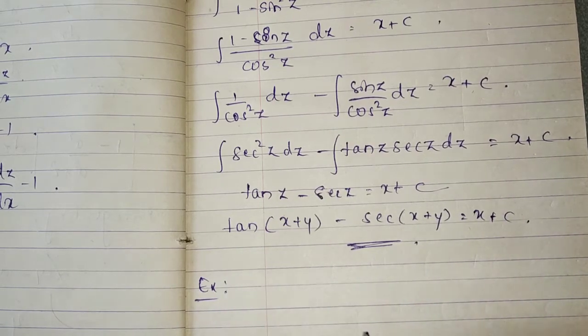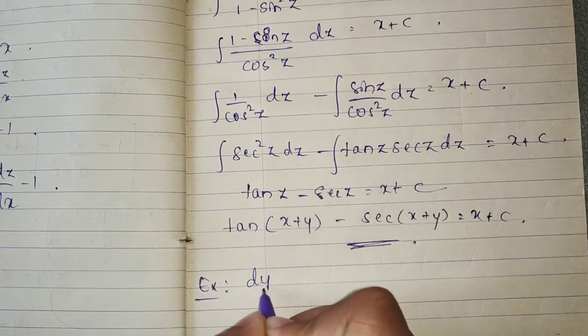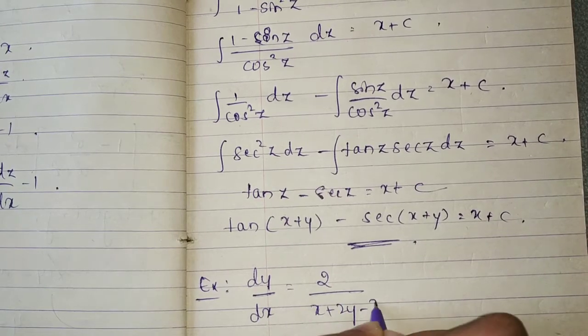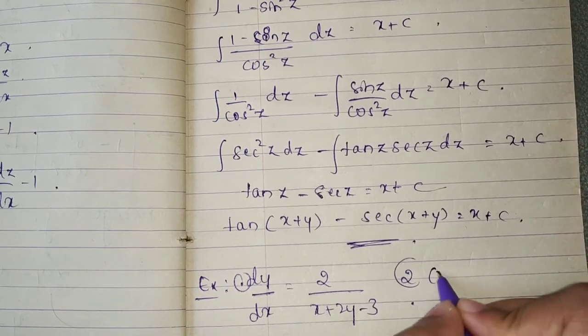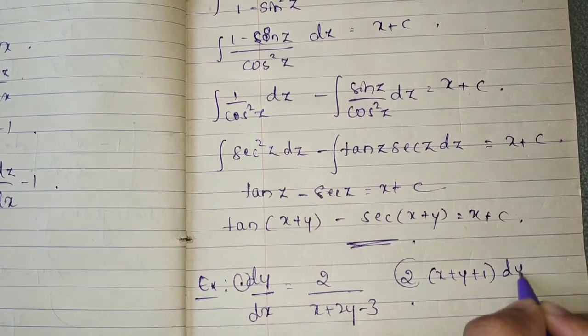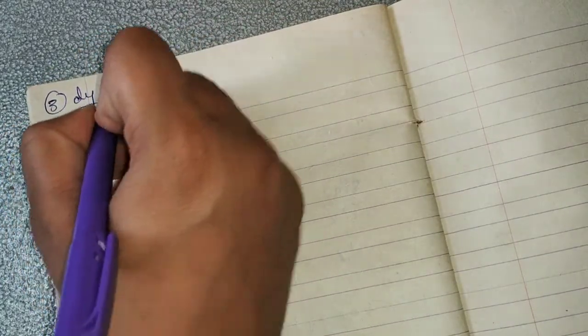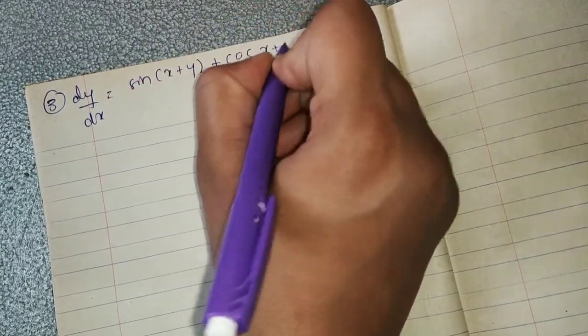Please take 2 to 3 problems as homework. Find the general solution of dy by dx equal to 2 divided by x plus 2y minus 3. That is the first one. Second one: x plus y plus 1 into dy by dx equal to 1. Third one: dy by dx equal to sine of x plus y plus cos of x plus y.